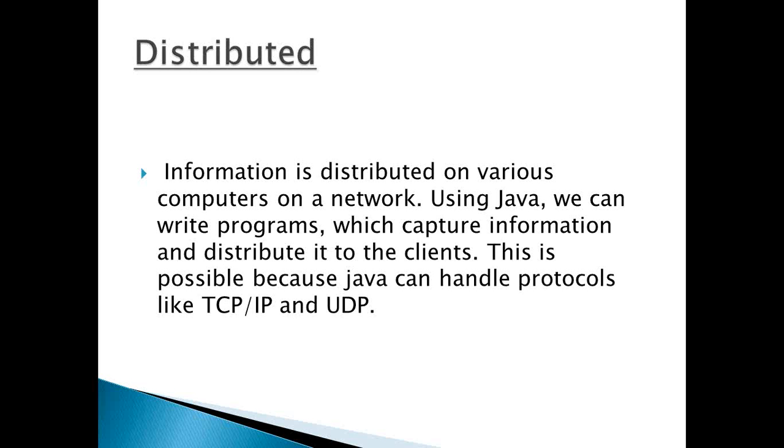The term distributed is used here in terms of database communication, because as we proceed further, you will see that your database will be on a different machine and your server will be on a different machine. So this is also one kind of distributed environment.